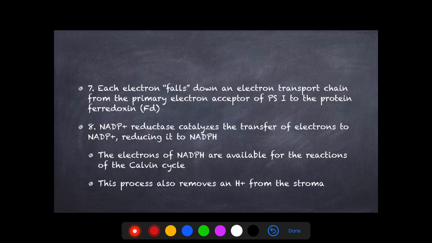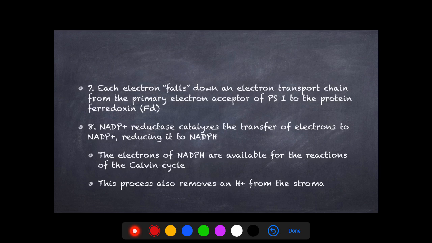Okay, so I'll say that again. In step 7, your electron is going to go down the electron transport chain from the primary electron acceptor in photosystem 1 to the protein called FD, or ferredoxin. The NADP plus reductase in step 8 is going to catalyze the transfer of electrons to NADP plus, reducing it to NADPH.